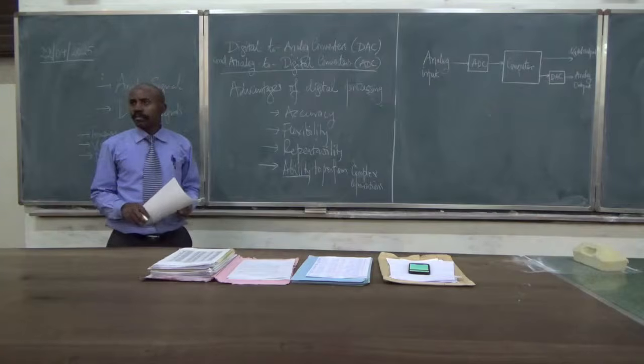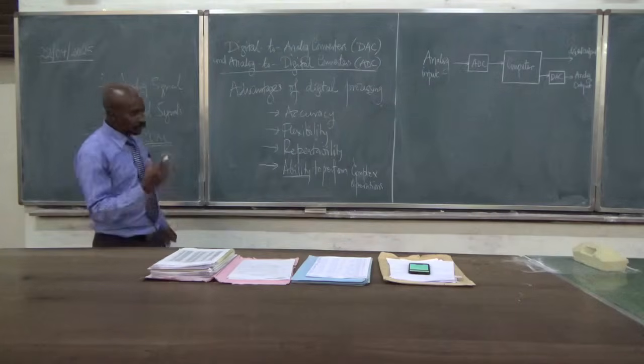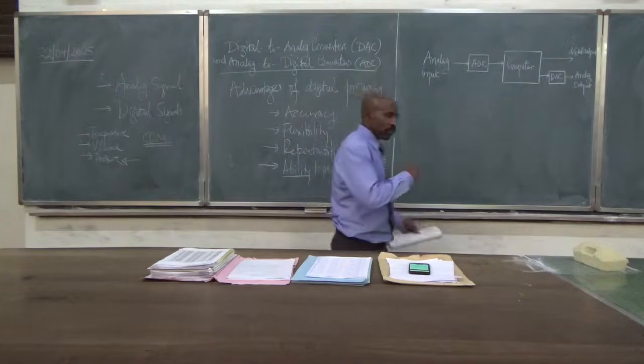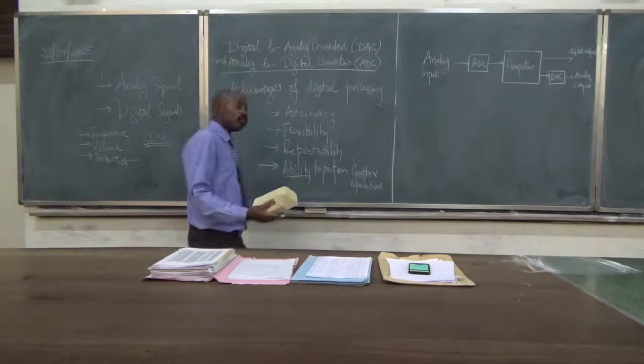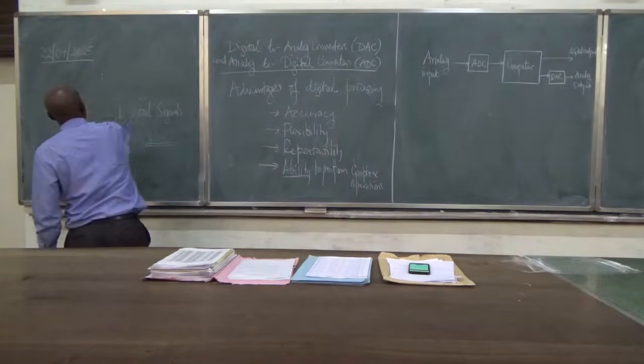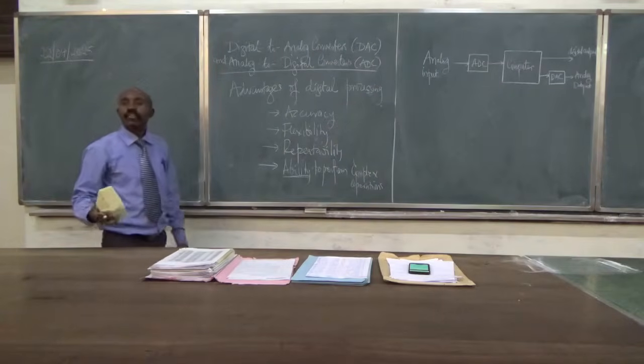A simple example is the public address system. In this course we shall just make sure we know about conversion, but in the next course, those who choose electronics and instrumentation will do sensors and transducers.